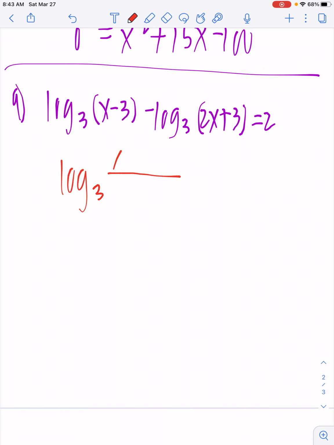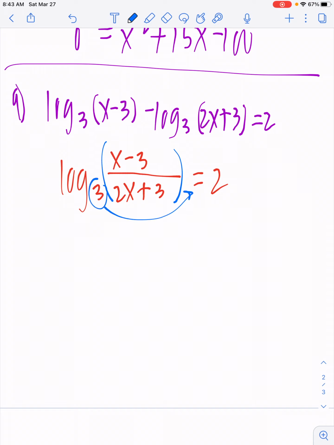The first one always goes in the numerator. Equals 2. Sorry, I'm not organizing this very well. That's log base 3 of all that. I guess I can put that in parentheses to make it look a little better. And now that I've got one log, now I can rewrite it in exponential form. So 3 squared equals all that.